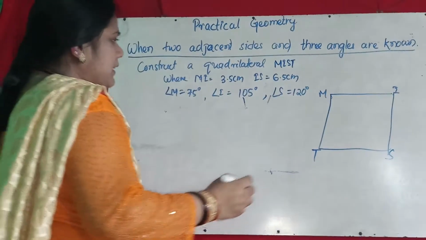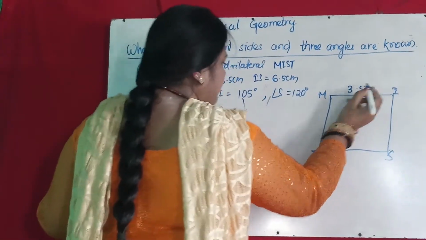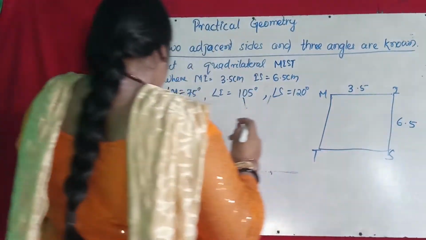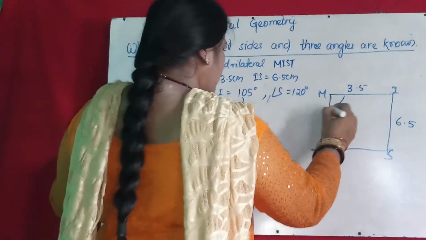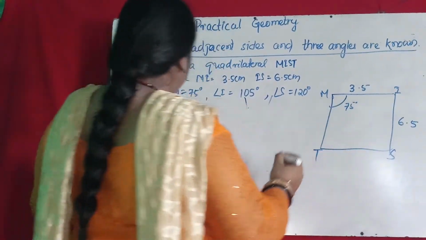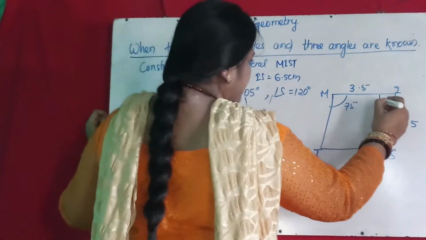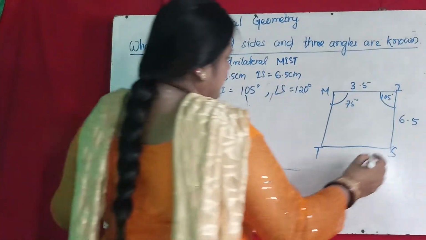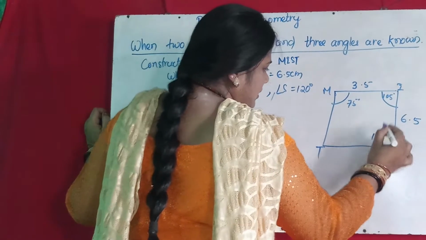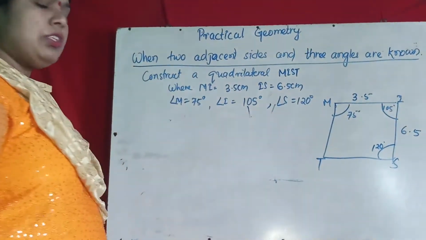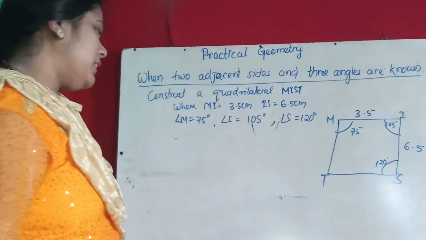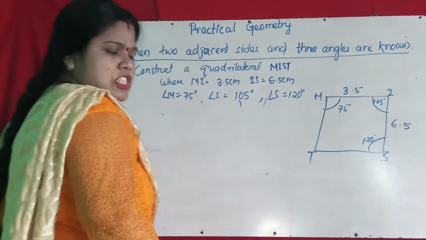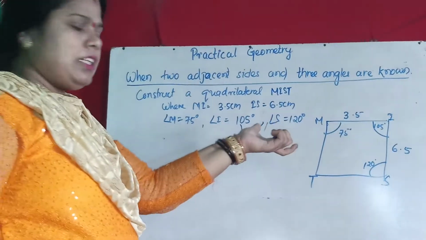Your MI given 3.5, IS given 6.5, angle M equal to 75 degree, angle I equal to 105 degree, angle S equal to 120 degree. So how can you draw this quadrilateral? Here we take MI as a base. This is a rough diagram.